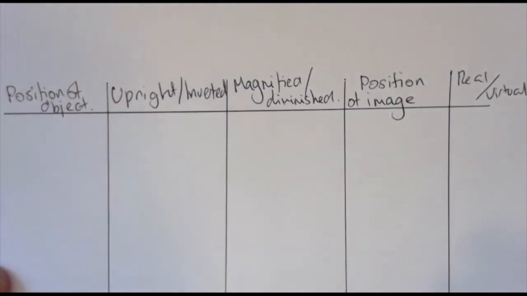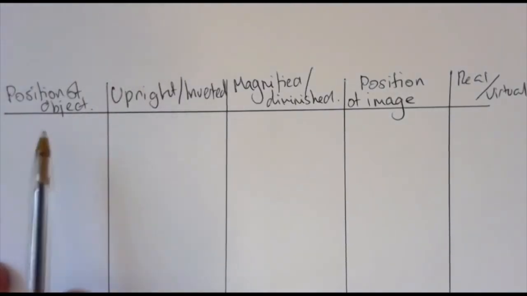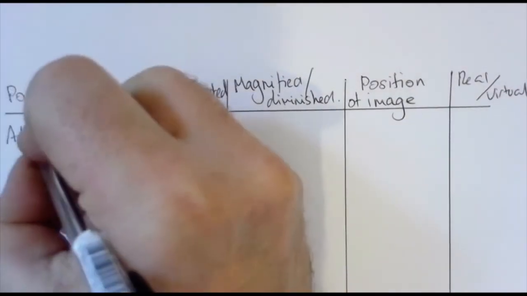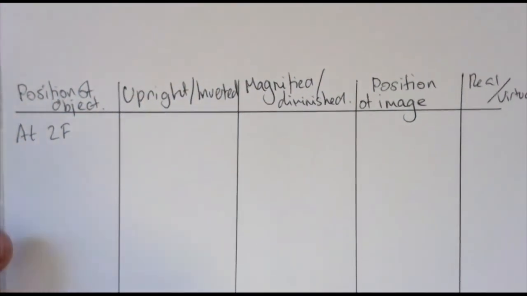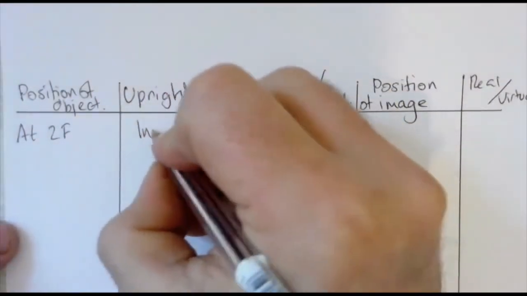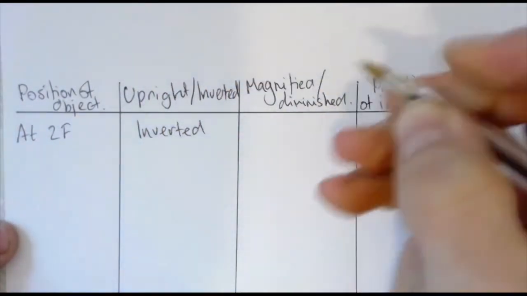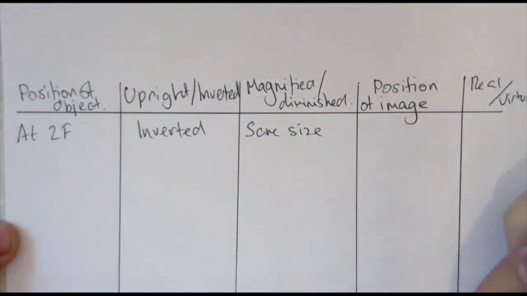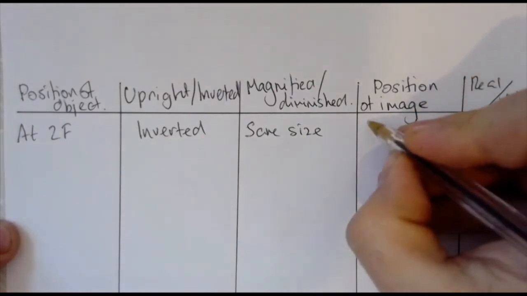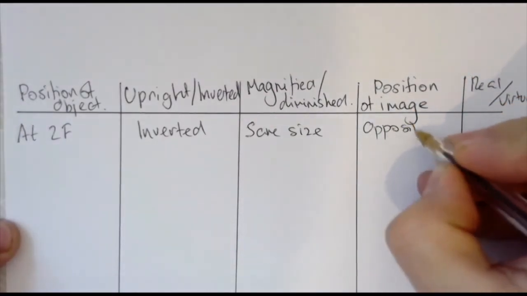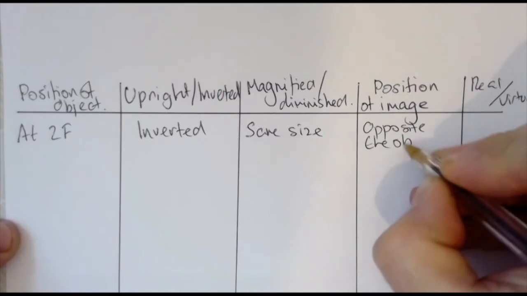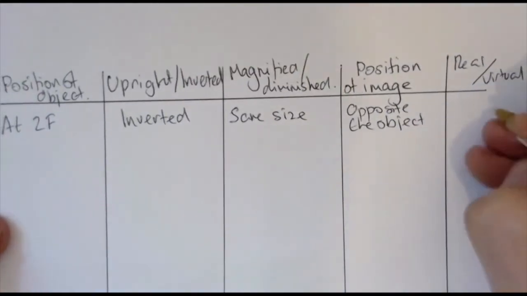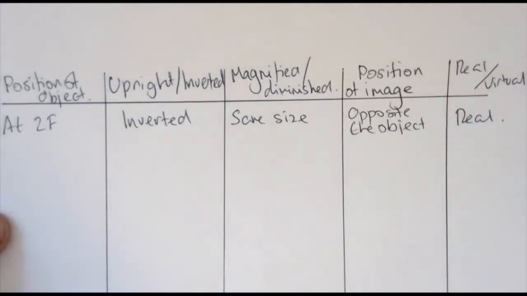Okay, so let's try and collate what we've seen so far. The first object that we drew was at 2f. We spotted that it was inverted. It was actually the same size, so it's neither magnified nor diminished. It was opposite the object, and because it was inverted, we know that it was a real image.